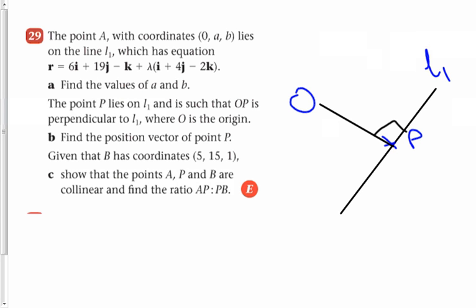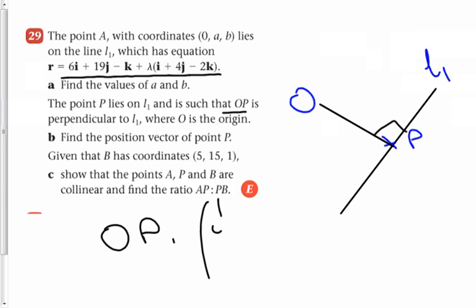Now, for any point P that lies on the line, it must satisfy that equation. Okay, so we know that OP dot the direction vector (1, 4, -2) has to equal 0.